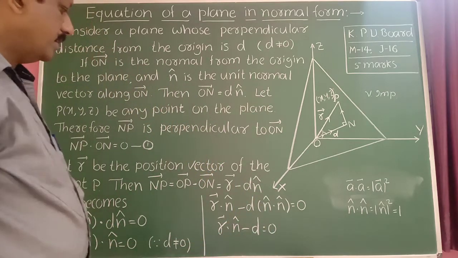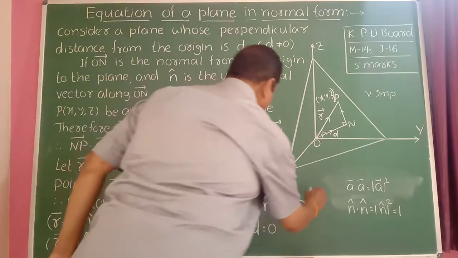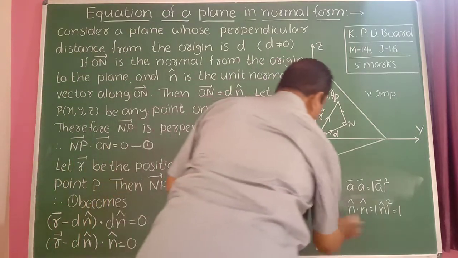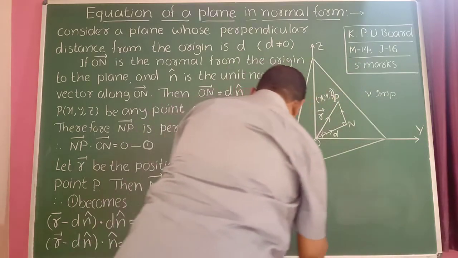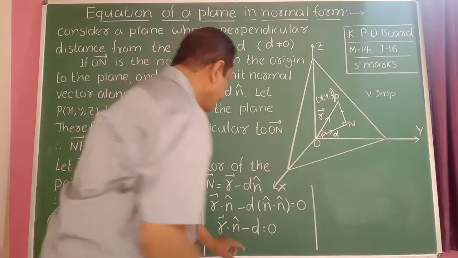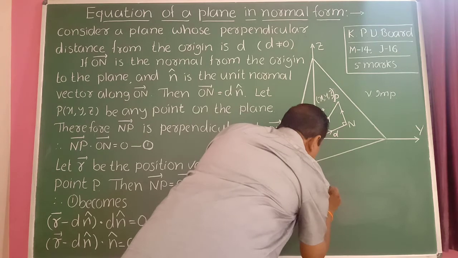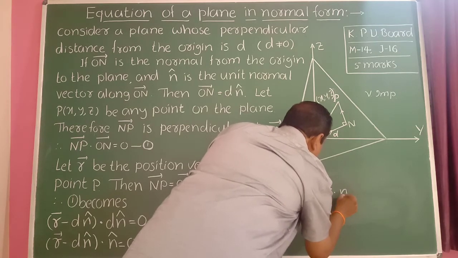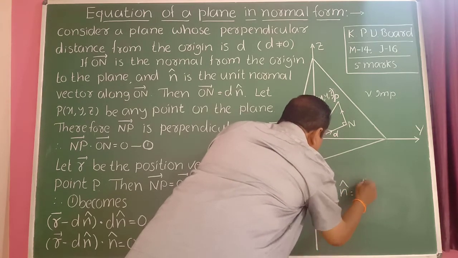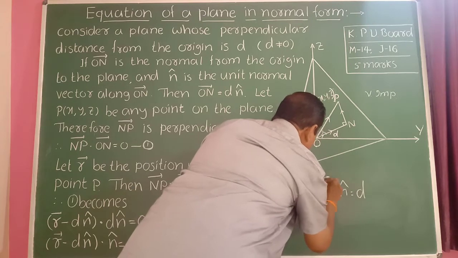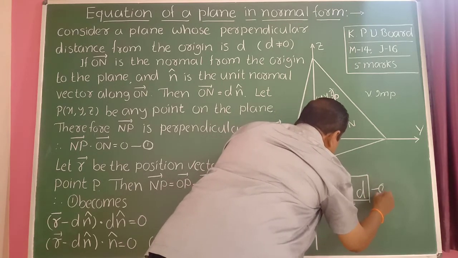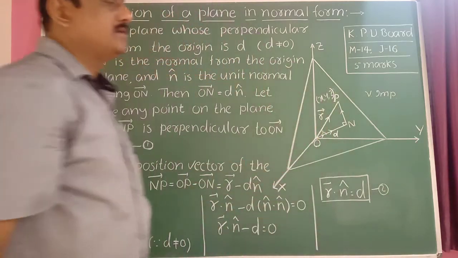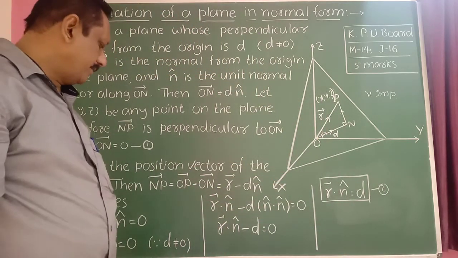Take minus D to the right hand side here. Therefore, R bar dot of n cap is equal to D. Okay, take this one as equation number 2 here. This is the equation of the plane in the vector form.